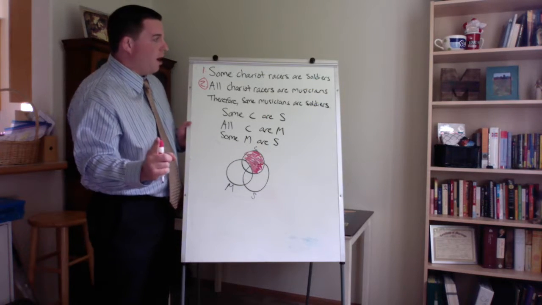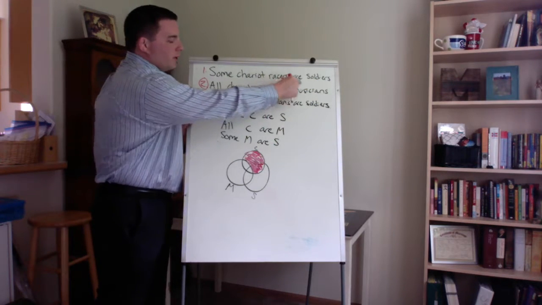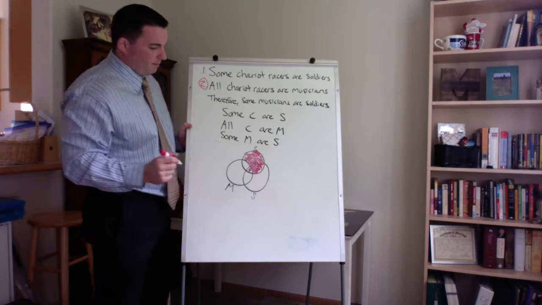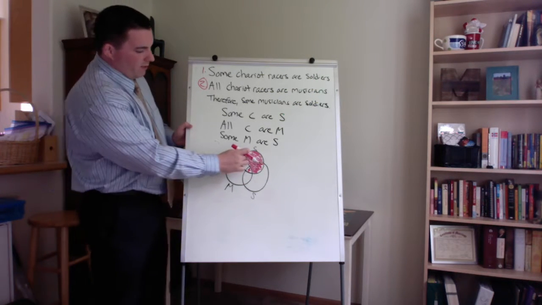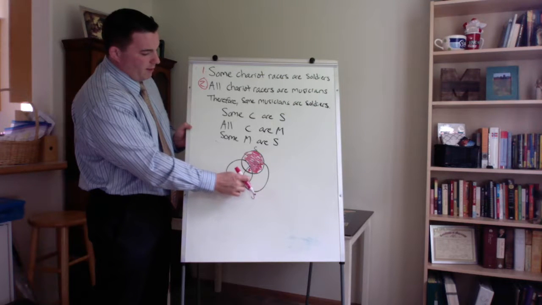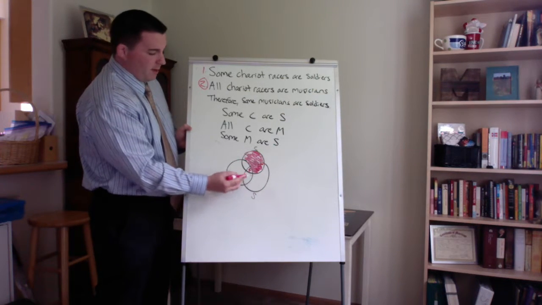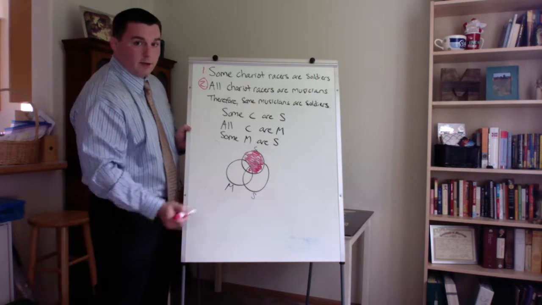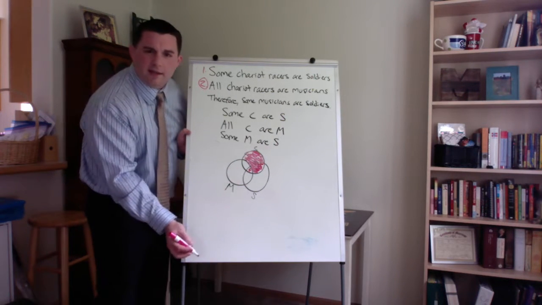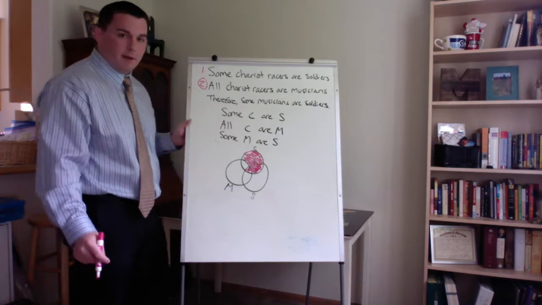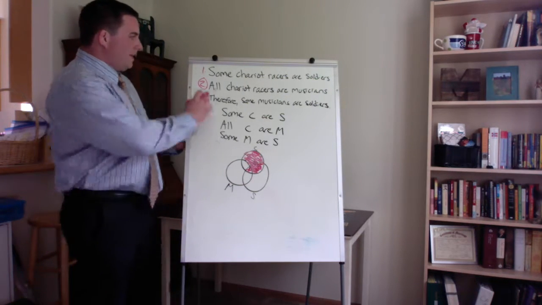There's only one spot where chariot racers who are soldiers could go, and that would be right there. So we have our C circle, our S circle. This is where they overlap. That area here is empty, and we have our X there. I don't know if you can see that very well, but it's right there. Okay, so that's premise 1.